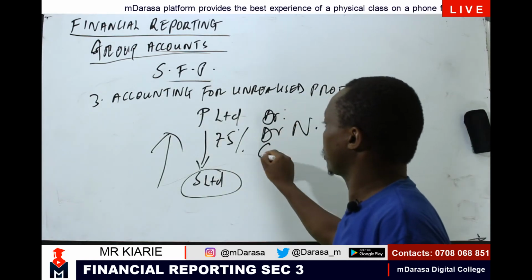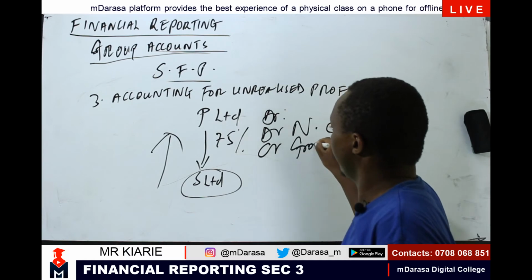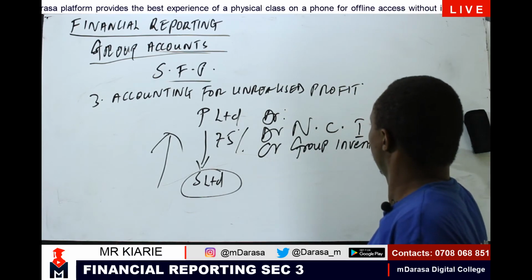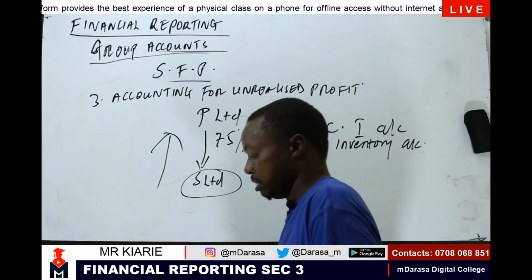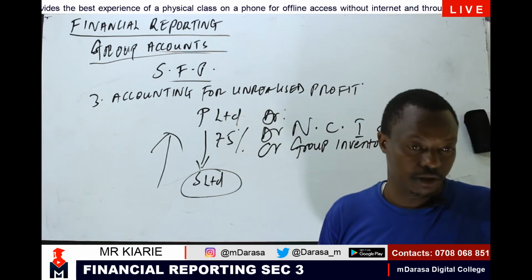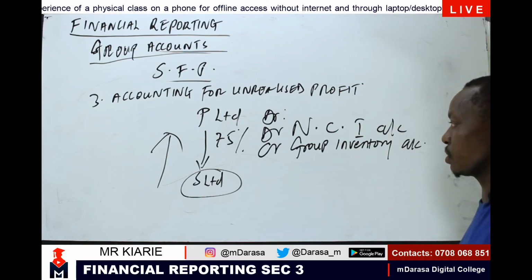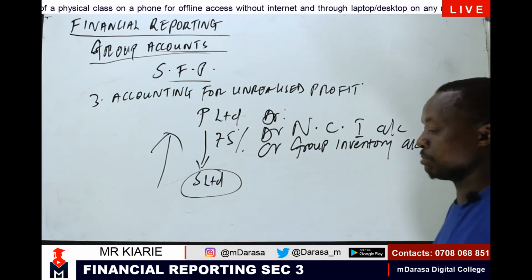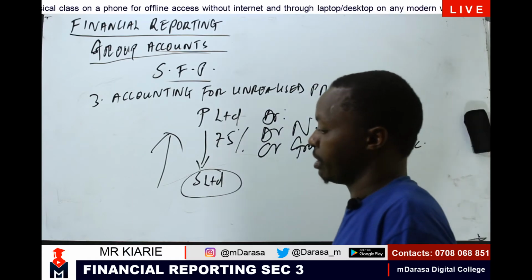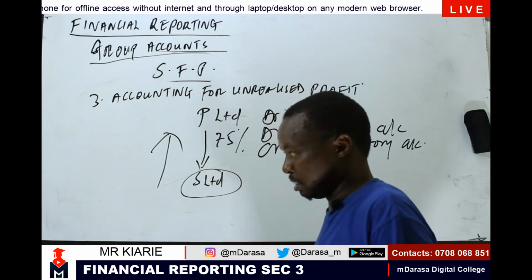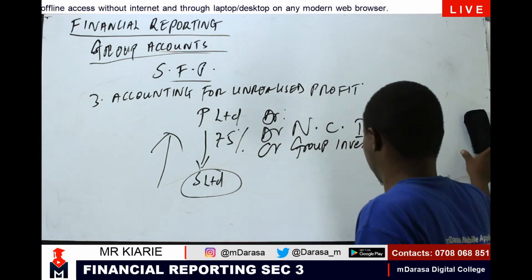Then you credit group inventory account with the total unrealized profits.